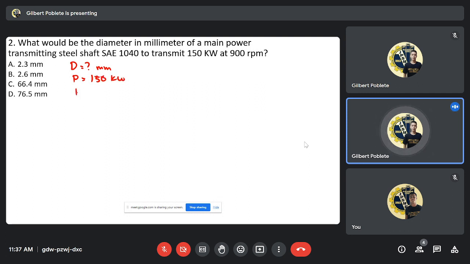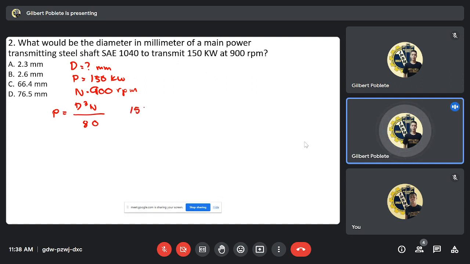And meron tayong speed na 900 RPM. Tapos yung formula natin kanina sa main power transmitting shaft, meron tayo, di ba, ang power is equals to D cube N over 80. Ayan, tandaan lang natin yung mga ganyan. Sinabi kung anong klaseng shaft siya. Main power transmitting, nasa problem yan. So, ayan, pwede natin ma-solve.